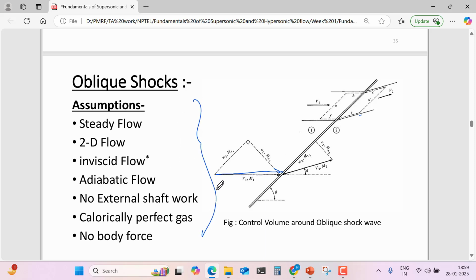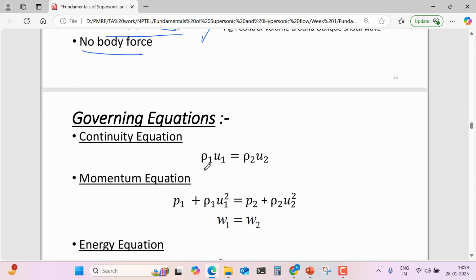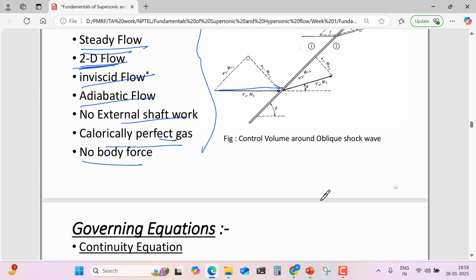We have taken these assumptions. This is a 2D flow, unlike the normal shock. We have taken the assumption of steady flow, inviscid flow, adiabatic flow, and there is no external work and no body force, and the gas is a calorically perfect gas. For continuity, same as before, rho 1 u1 equal to rho 2 u2. In momentum, there is one more thing.